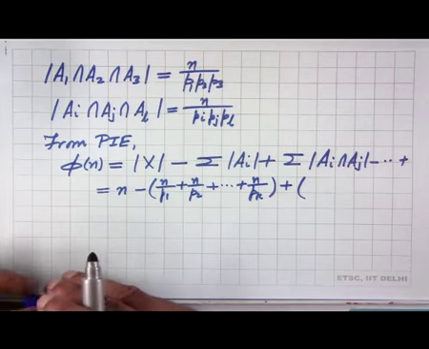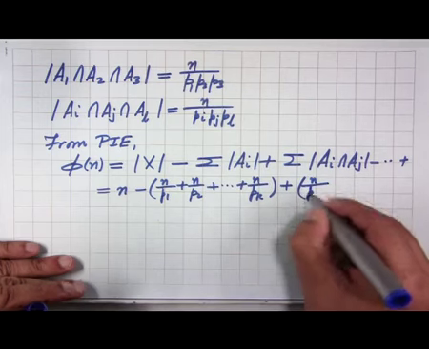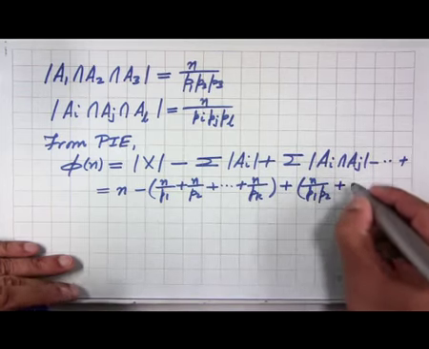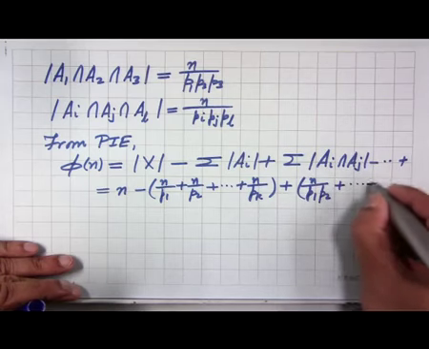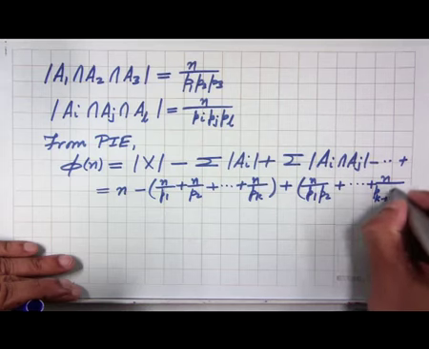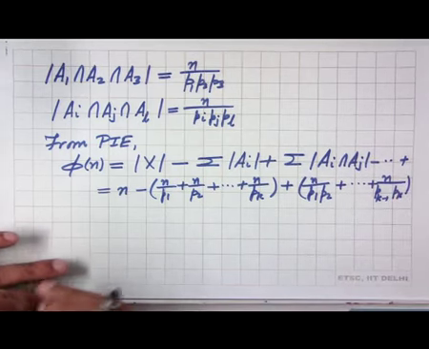What about the Ai intersection Aj? Well, I begin with A1 intersection A2. I know this to be n by P1, P2, and then so on and so forth. And I kind of end with n by Pk minus 1 Pk. All the numbers taken 2 at a time, the primes, they form the denominator.